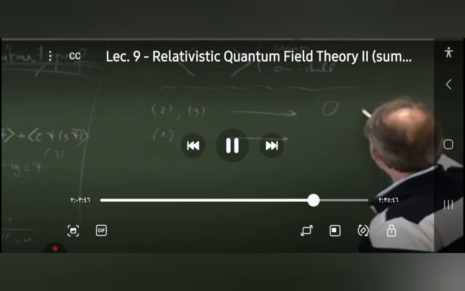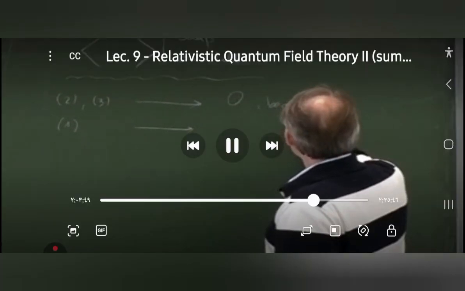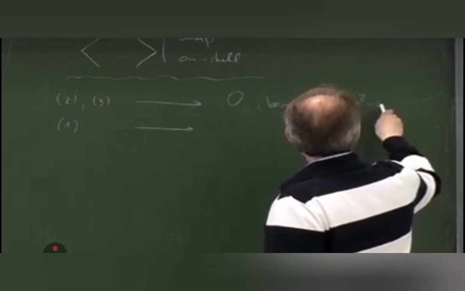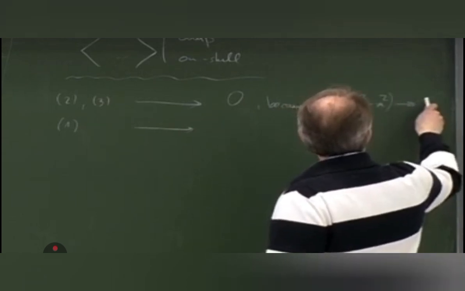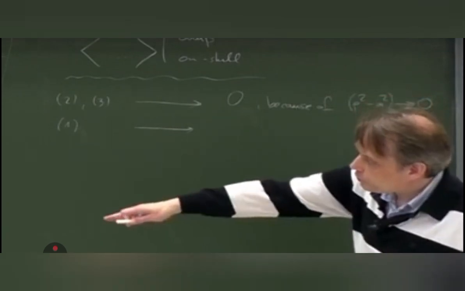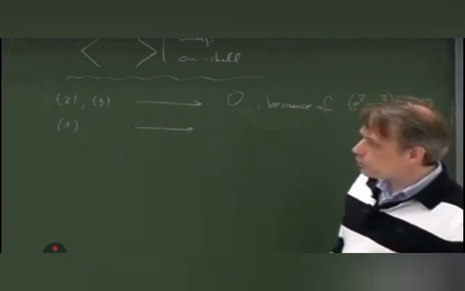So we get 0 because p squared minus m squared goes to 0. And in the third diagram it's vice versa, so p prime squared wouldn't exist there.